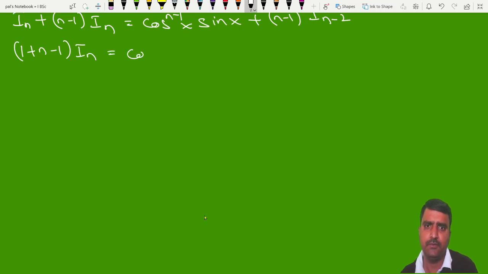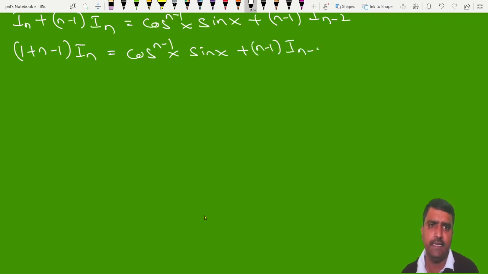This is equal to cos to the power n minus 1 x into sin x plus (n minus 1) into I n minus 2. Here, plus 1 minus 1 cancels, so remaining is n. You keep only In on the left-hand side, so bring this n to the right-hand side.